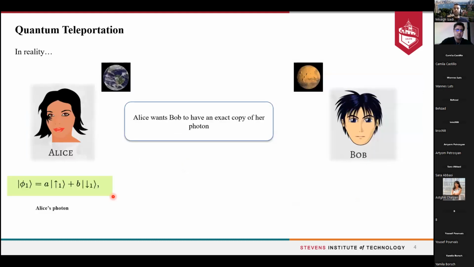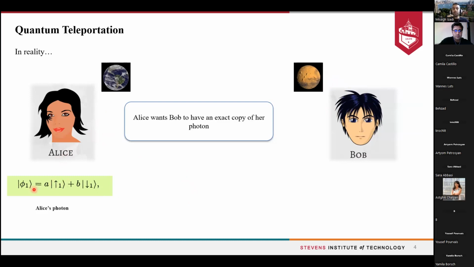But how about quantum mechanics and how does it work there? In quantum mechanics, when we say quantum teleportation, it means this picture. Consider you have two persons here. The first person on the left side is Alice. She lives on the Earth just like me and you. The second person is Bob on the right-hand side, and he lives on Mars, hopefully in the future.